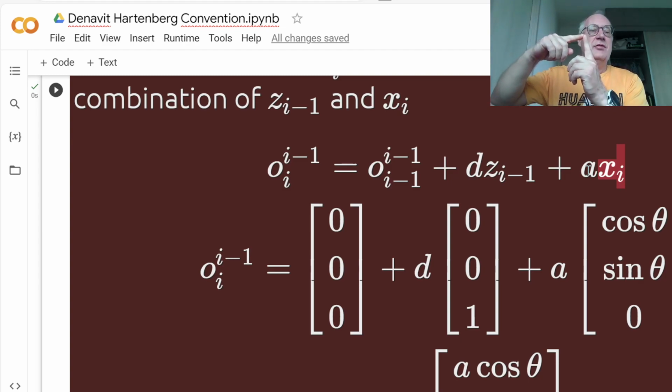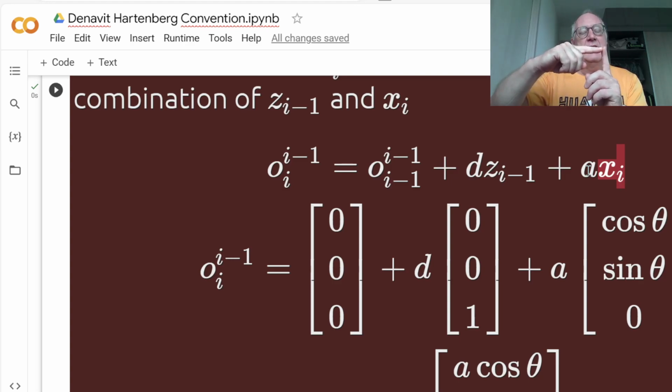So the two intersect. This is the Zi-1 axis, this is the x-axis, and in order to go from here to there, I can get there by moving up until I hit the intersection point and then moving along X.